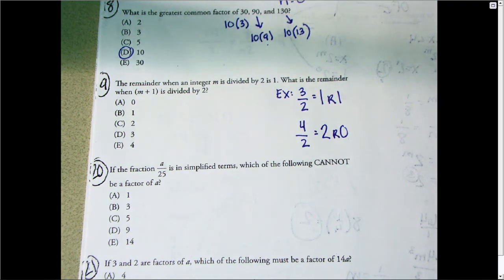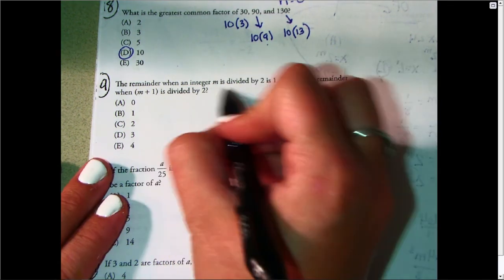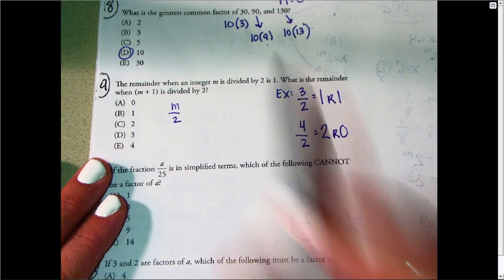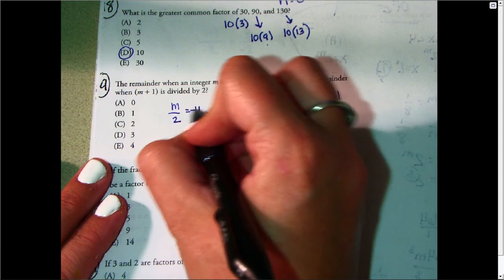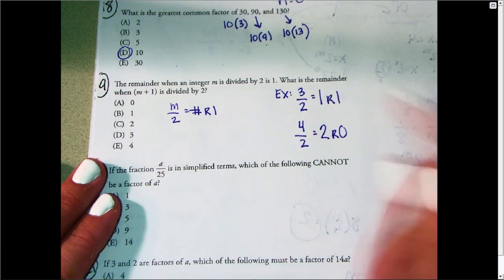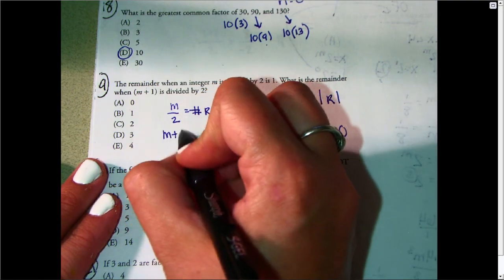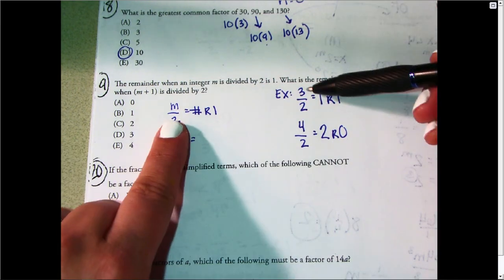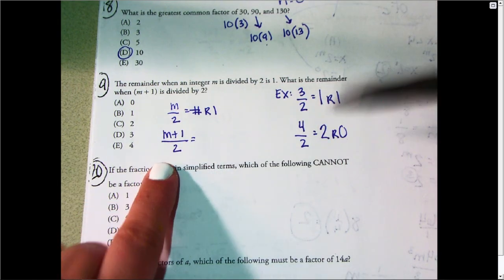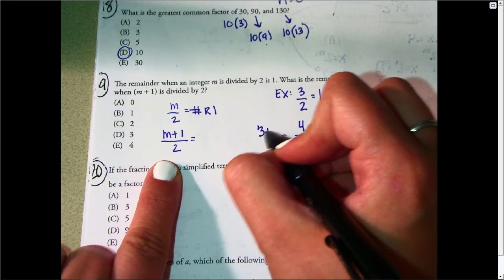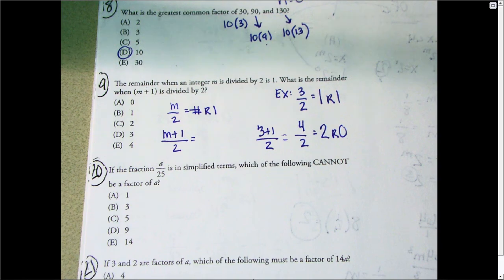Now let's bring it back up to high school. M is divided by 2, and the remainder is 1. So I get some number with a remainder of 1. What is the remainder of m plus 1 when divided by 2? This is literally the same idea. I can rewrite it as 3 plus 1 divided by 2.